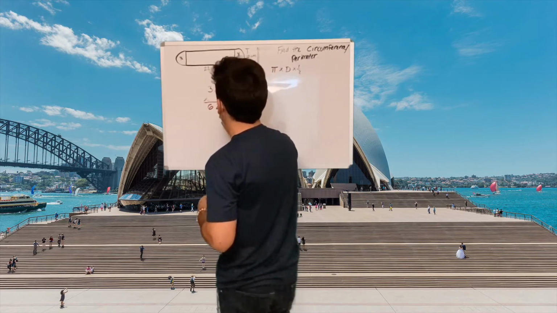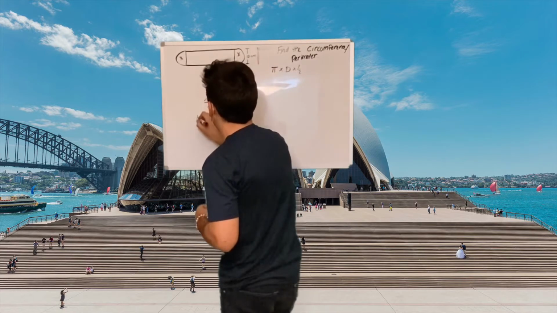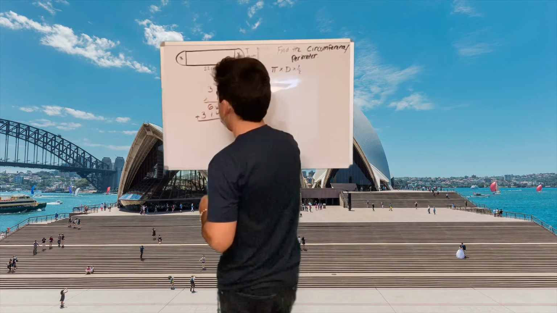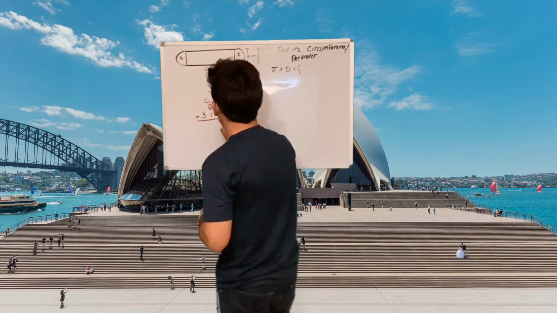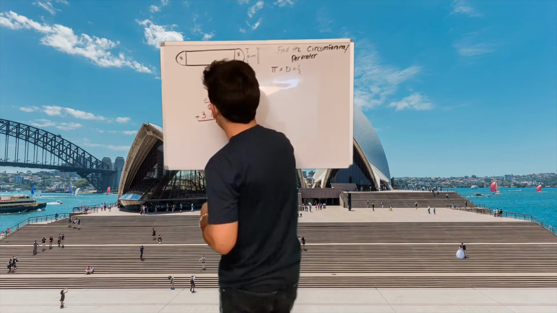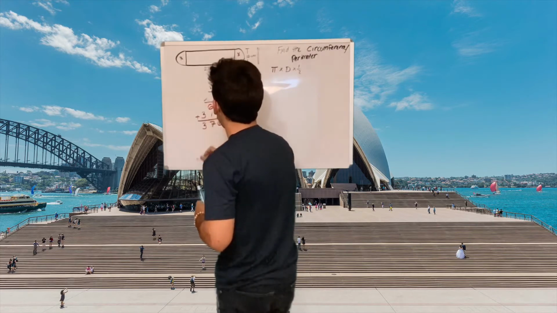Don't forget your placeholder, which is a 0. 1 times 4 is 4, 1 times 1 is 1, and 1 times 3 is 3. Now I'm going to add them all together. These are my partial products to get my final product. 8 plus 0 is 8, 2 plus 4 is 6, 6 plus 1 is 7, and 3 is 3.